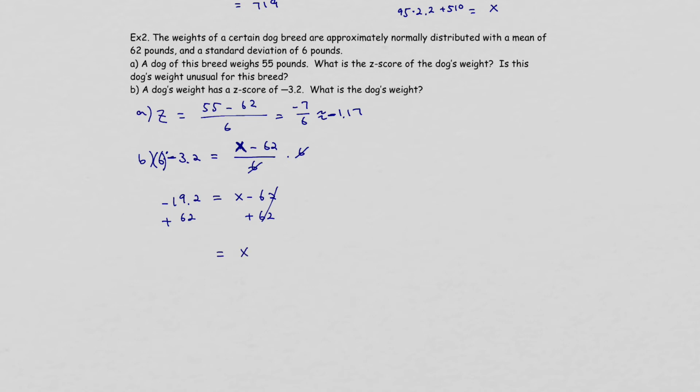So that will be your x value, negative 19.2 plus 62. This is going to be 42.8 pounds. So if the dog's Z-score is negative 3.2, the actual weight is going to be 42.8 pounds.